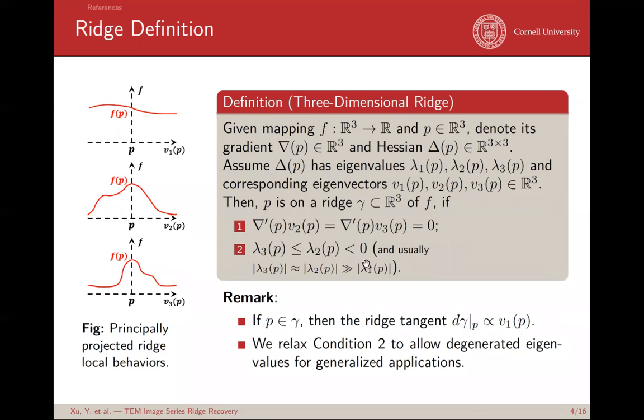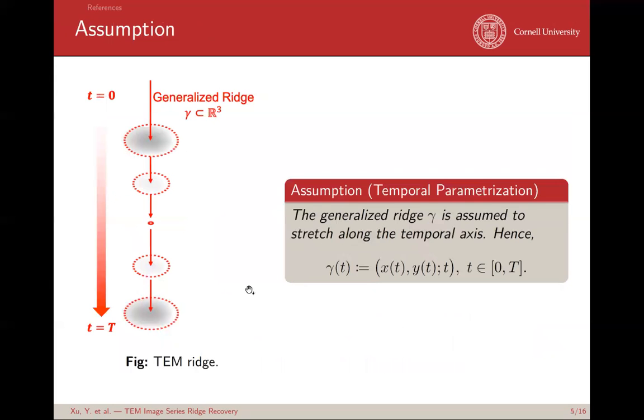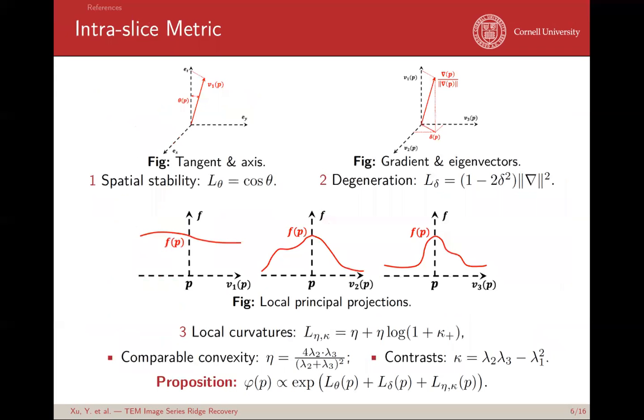In particular, here we generalize slightly to allow zero eigenvalues in order to account for the degenerated cases where the ridge shrinks to a point with zero radius, which will happen when atoms are absent. And motivated by our TEM example where atomic columns are aligned temporally, we also assume that the ridge function has the main direction along the temporal axis. Hence, it can be expressed in an analytical format as a function of time.